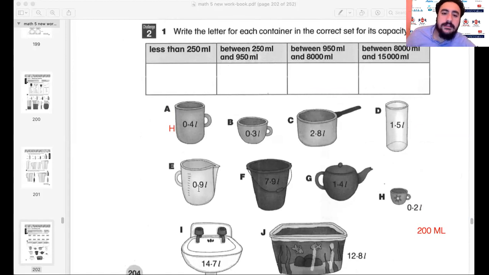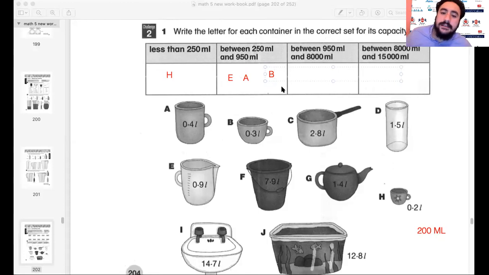It's going to be 900, so it's right. So E. Okay. What else? A. It's going to be 400. Yes. So that's right. Let me first clear this. And this one, it's going to be A and B.